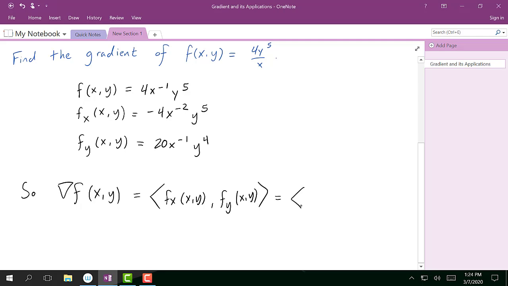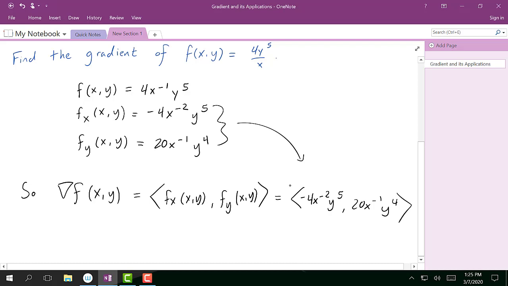And so, carrying these two down and plugging them in, what we get is negative 4x to the minus 2, y to the 5th, and then 20x to the minus 1, y to the 4th. So that's going to be our answer for this first, more computational practice problem.